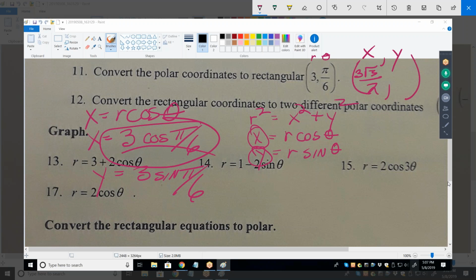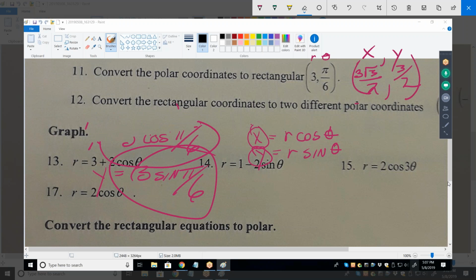Now what's your y coordinate? Sine of 30 is 1/2, so that's 3 halves. And that's how you do it. It's as simple as that. Notice we didn't even need that top equation yet. You rarely need that one, to be honest with you. The 2 most important ones are those 2 that I have written there.